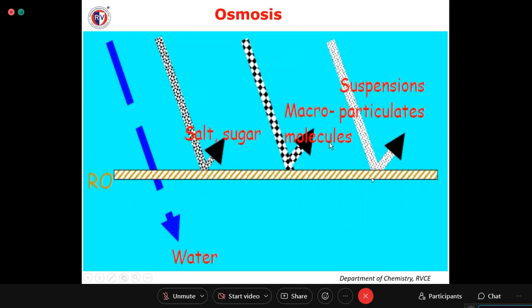In this osmosis process, when a concentrated solution is separated from a less concentrated solution, like seawater and pure water, by some membrane like a parchment membrane, there will be a movement of water molecules from fresh water to seawater, right? And this process is called the osmosis process.